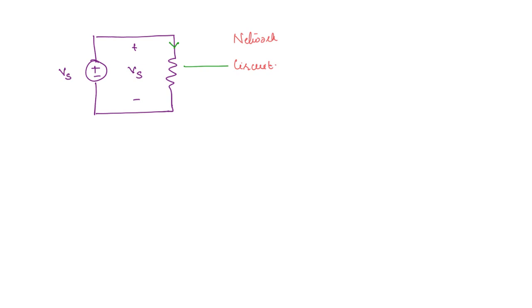Now this is a circuit and we can also call it a network. But for example, let us say there are a lot of resistors here. Now this we can call a network, but we cannot call it a circuit. This is not a circuit. Why is that the case? Because it does not have a closed loop.